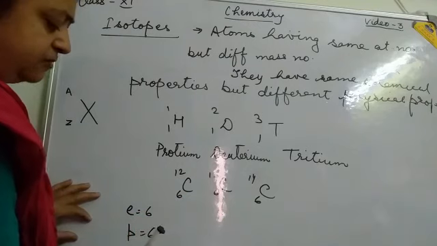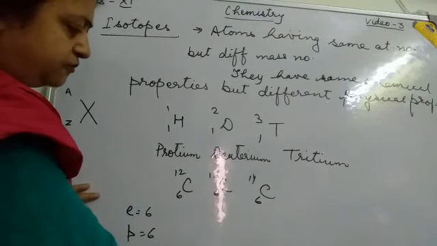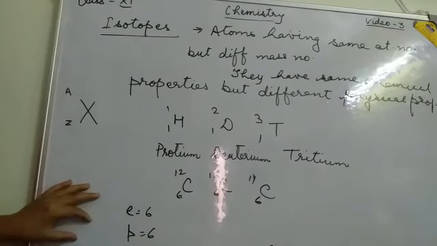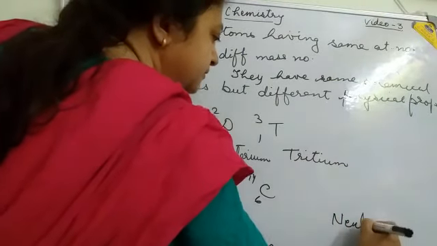Here the number of neutrons is 6, 7, and 8. So isotopes are those substances which have the same number of protons but different numbers of neutrons. What is different here? Neutrons are different.